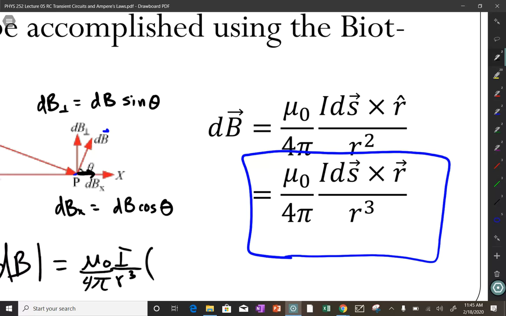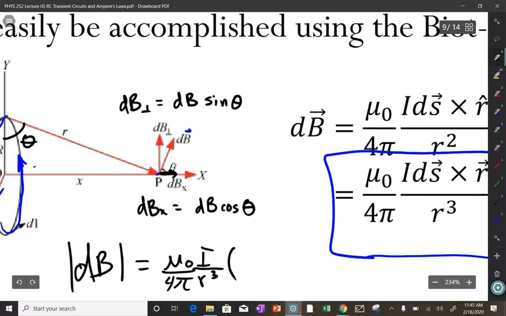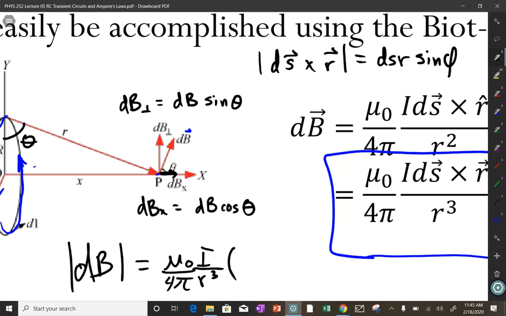And then we have ds cross r. So ds cross r has a magnitude of ds r times sine phi, because it's a different angle, the angle between ds and r.